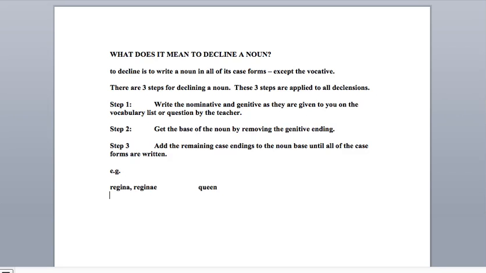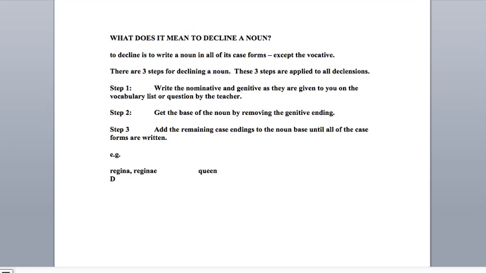So if I ask you to decline the noun queen, you're going to start by doing step 1, writing the nominative and then the genitive form, and then you will remove the genitive ending, which is ae, to get the base, and then you will add the remaining case endings.